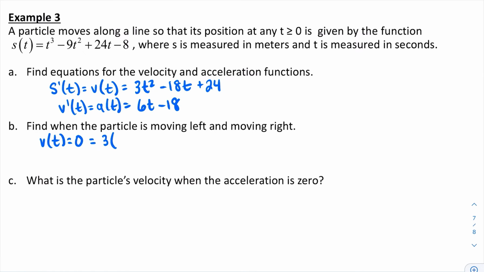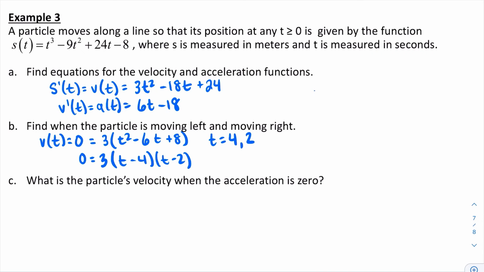There's a common factor of 3 that I'm going to factor out. And I'm going to factor it out correctly this time. So I solve this equation, and I'm going to factor this correctly. So 3 times t minus 4, t minus 2. So you figure out when your velocity equals 0.